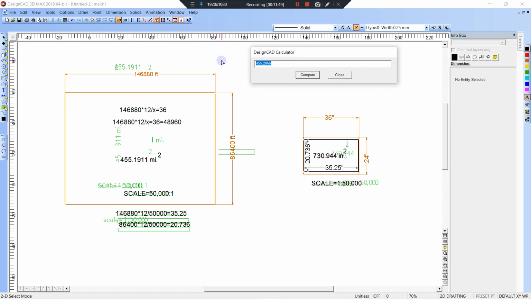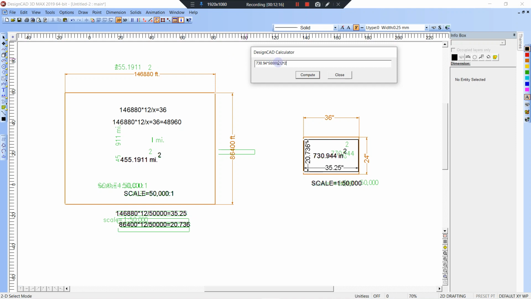Let's do it again. 730.94. I think I didn't copy it down. So that's we're going to go from inches to scale factor times 50. 1, 2, 3. Now we're in inches, true. So divided by 12 squared.